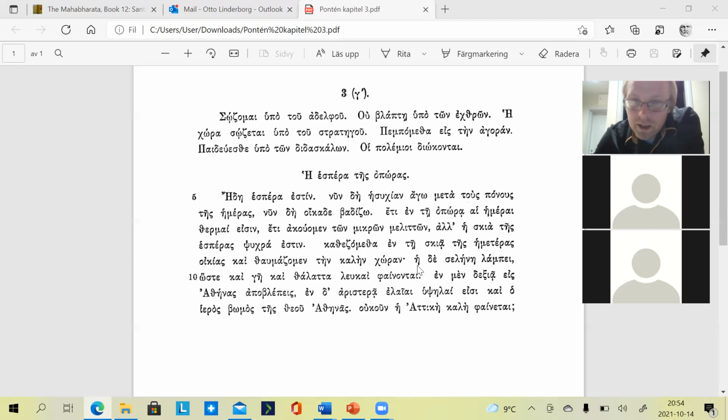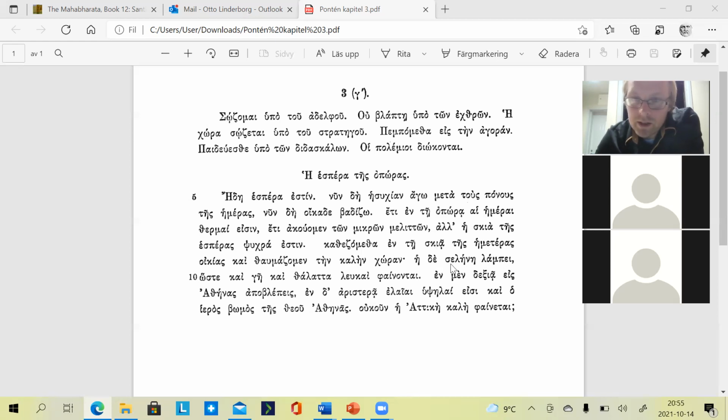So next sentence, which we can again take in clauses. Hede selene lampe. What does that mean? The moon shines, yes, on the earth. You added on the earth, but actually it's only hede selene lampe. So actually only the moon shines. It doesn't say what it shines on. It just shines.